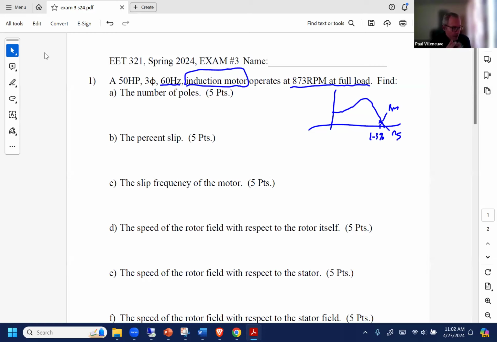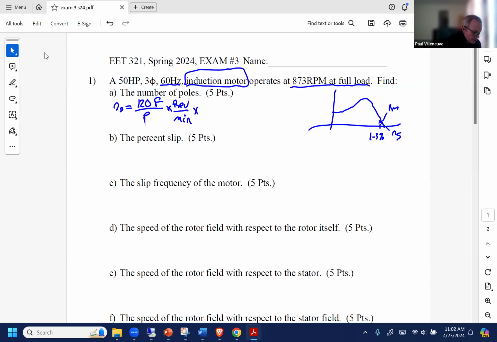And we know in 60 hertz, or if you can't remember, the general equation for synchronous speed is going to be equal to 120 times the electrical frequency divided by the number of poles. And since this is an RPM, you would have had to convert that from RPM to radians per second. So remember, this is in revolutions per minute.